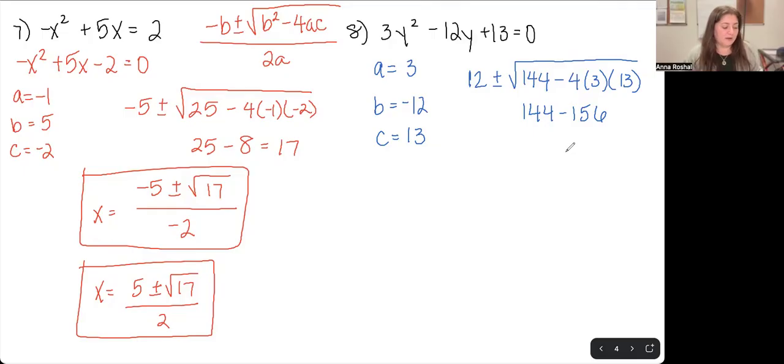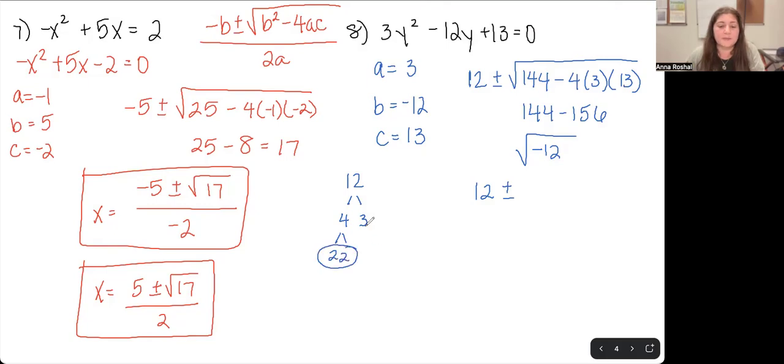But because 144 minus 156 is -12, that's going to be in the radical. So because I don't want a negative in the radical, I'm going to write 12 plus or minus. And actually, I can break apart 12 into 4 and 3, which will give me 2 and 2.